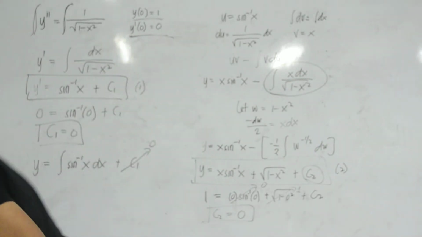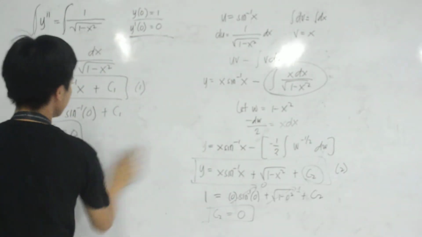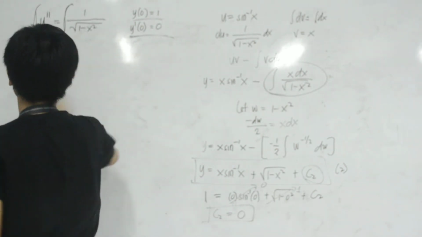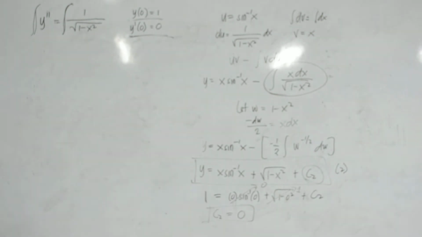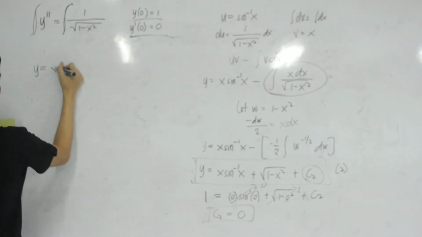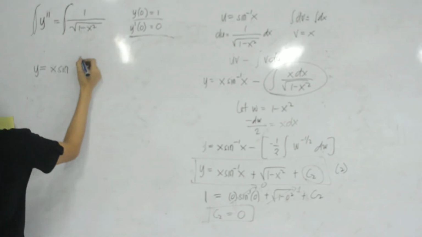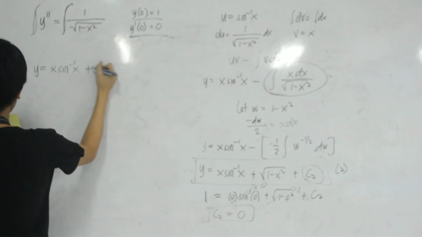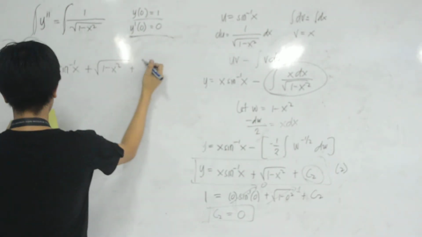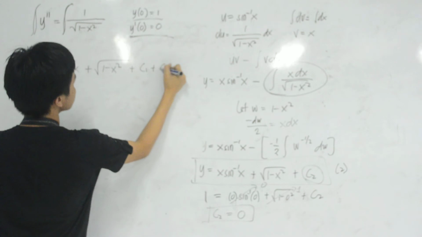So by plugging in all the values we have, we already have our final answer. Y is equal to x sine inverse of x plus square root of 1 minus x squared plus c1 plus c2.